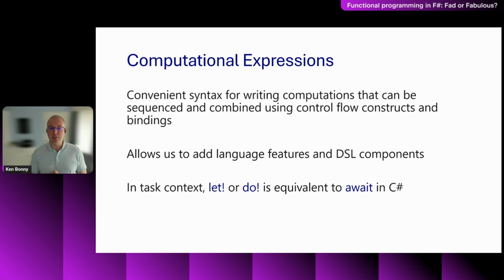What it actually means is that computational expressions allow us to add language features or domain-specific language components to the language. It means we can extend the F# language in any way that we need it. For example, in the task context, let bang or do bang is equivalent to an await in C#. But that's not the only thing we can do.